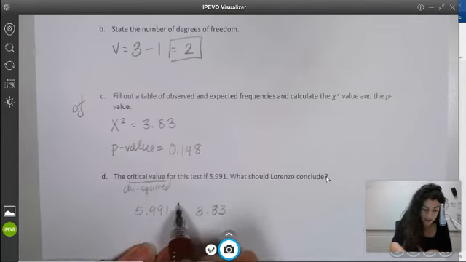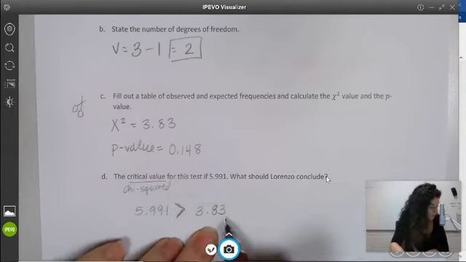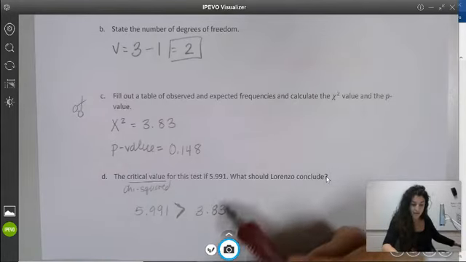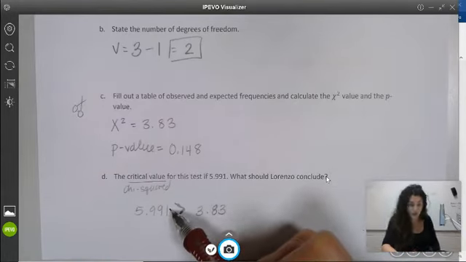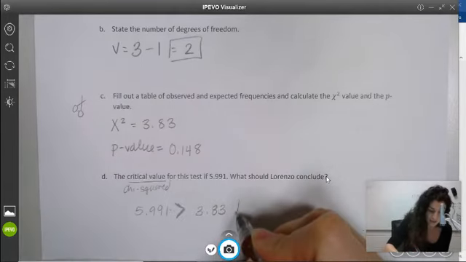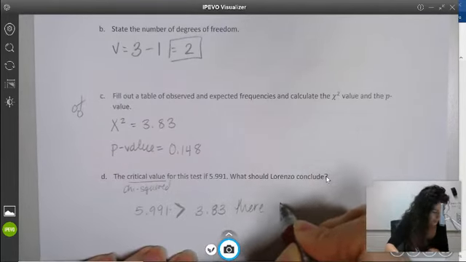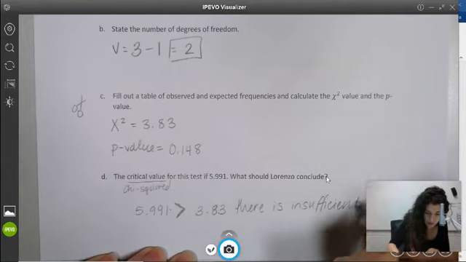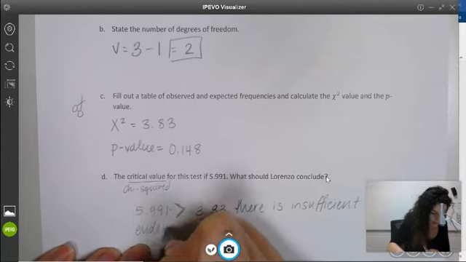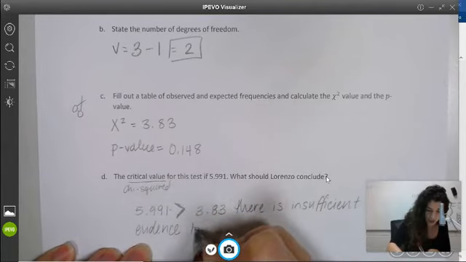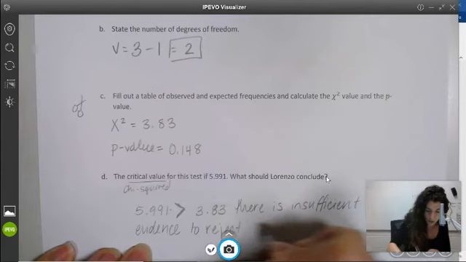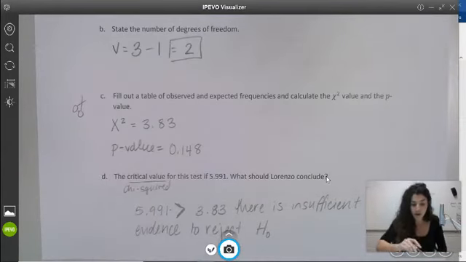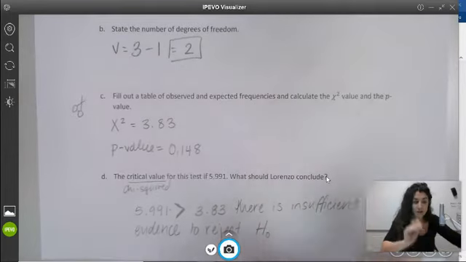Since 5.991 is greater than 3.83, this means that if your chi-squared value is less than your critical value, there is insufficient evidence to reject our null hypothesis.